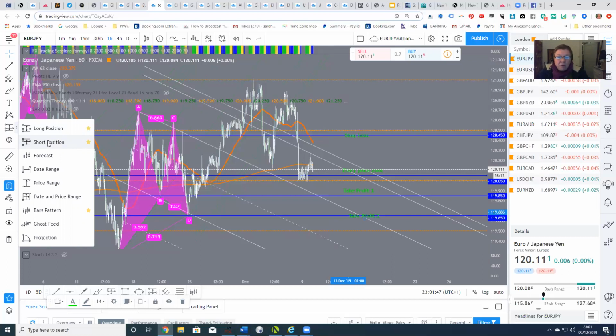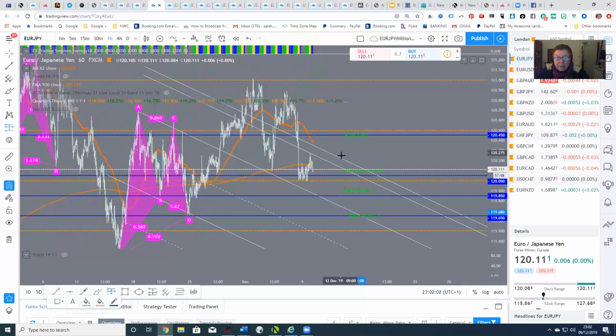The advantage of using CTrader is that it is web-based, so you do not have to purchase a monthly subscription to a VPN, a virtual private connection. So I'm going to put a short position on here, and it's going to be round about this entry zone John called. So I'll just set it just below there.